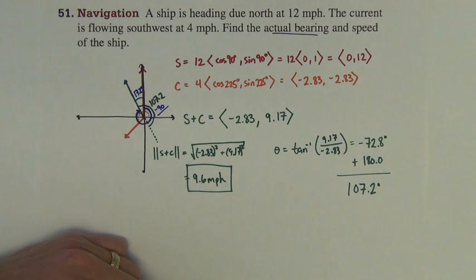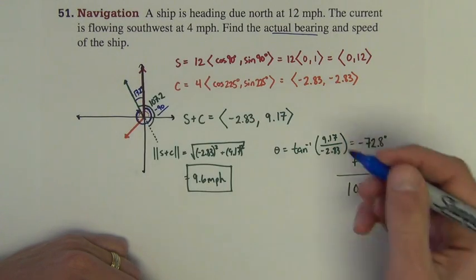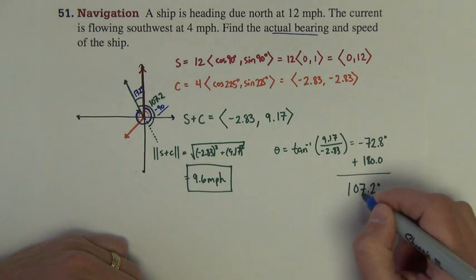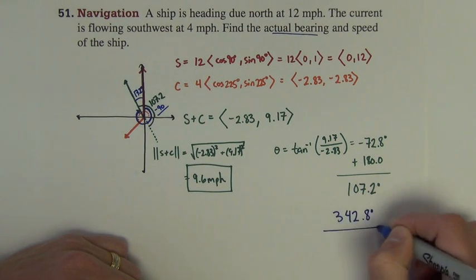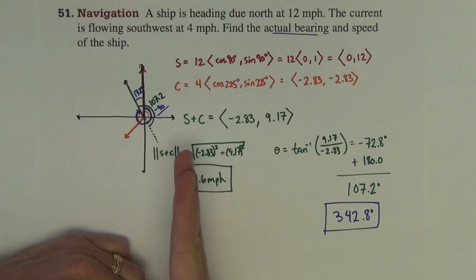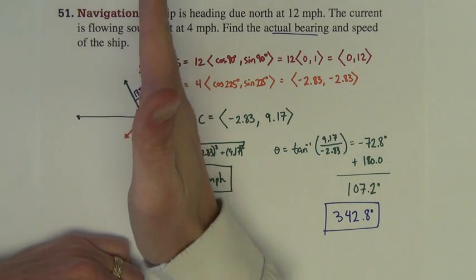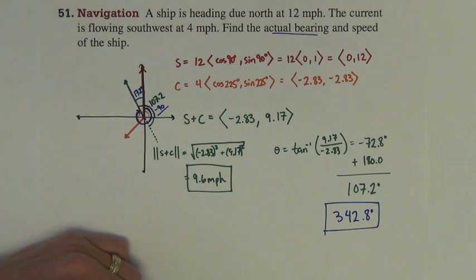So 360 minus 17.2 tells me that the rest of that all the way around is 342.8 degrees. And that's the actual bearing of the ship. So it's not going straight north. It's off of north a little bit, but that's its directional bearing, 342.8 degrees.